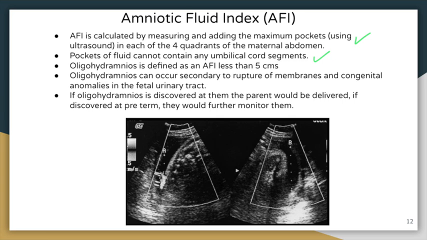So if there's an issue with the kidneys or anything in the urinary system, we're going to have an issue with our amniotic fluid. If oligohydramnios is discovered at term, and the parent and everything else is stable, they would go ahead and deliver the client. If it is discovered at preterm, they would further monitor the fetus.